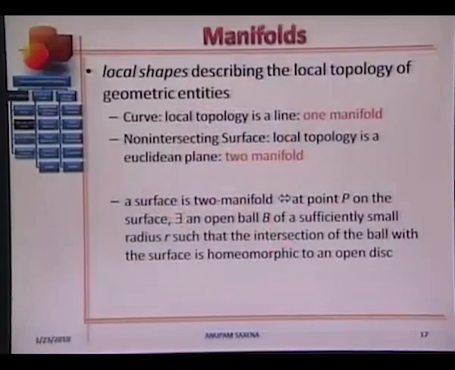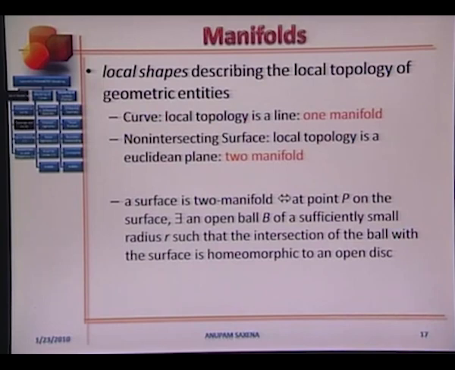A surface is two-manifold if and only if at point P on the surface there exists an open ball B of a sufficiently small radius r such that the intersection of the ball with the surface is homeomorphic to an open disk. Let's try to understand this statement via a few examples.